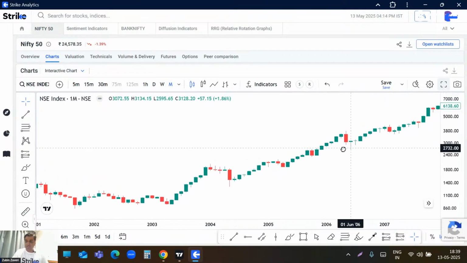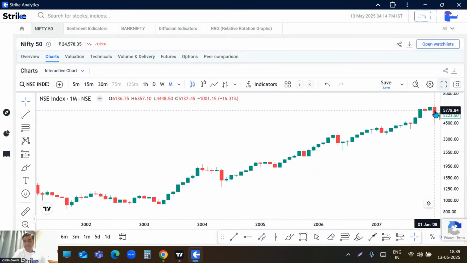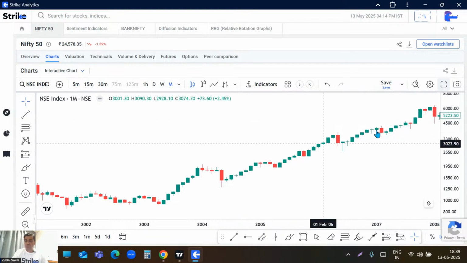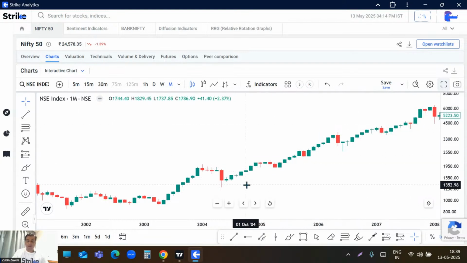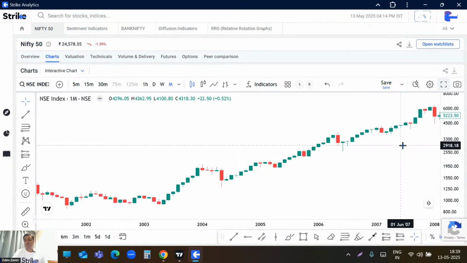Then in 2008, from January itself, the real estate bubble burst in the USA. There was a subprime market crisis, and because of it there was an economic crisis across the globe.